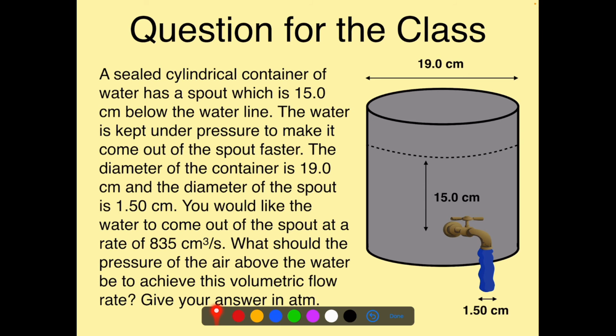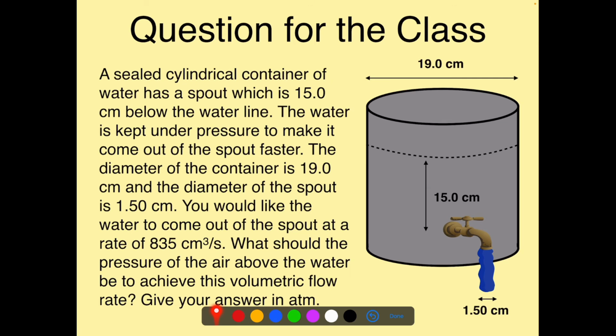Okay, the diameter of the container itself is 19 centimeters in this direction, and the diameter of the spout is 1.5 centimeters over here. What you want to happen is you want the water to come out of the spout at a flow rate of 835 cubic centimeters per second.